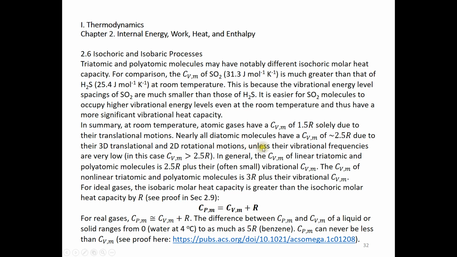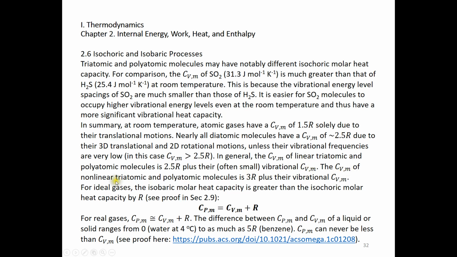Now if you have linear triatomic or linear polyatomic molecules, it's just 2.5 R plus their vibrational CVM. It's very often small, but again, if you have really heavy atoms, this can become larger. If you have many atoms and therefore many vibrational modes, you might have larger CVM.